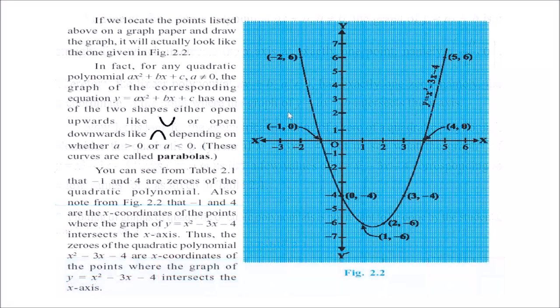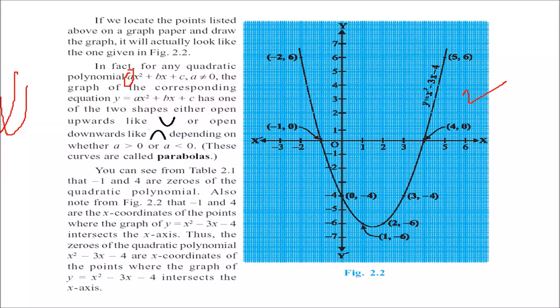So there will be a curve, which we generally know by the name parabola. For ax square plus bx plus c, if a is greater than 0, it is of this form. If a is less than 0, it is of this form, right?